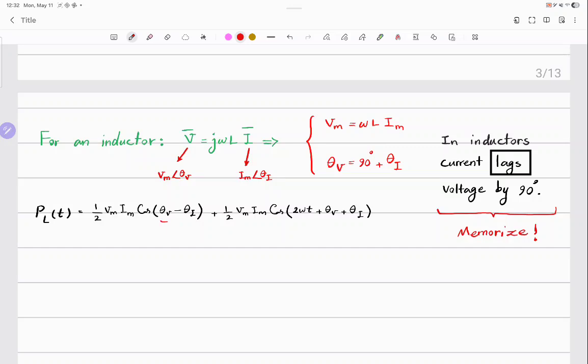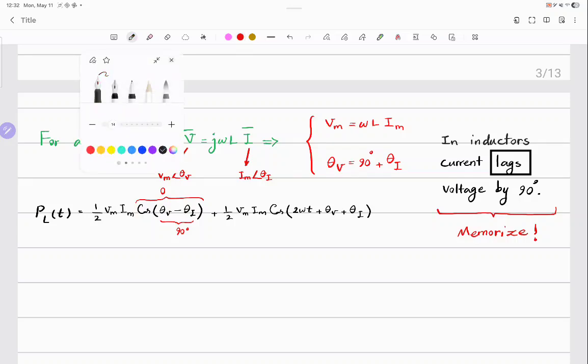So what is theta V minus theta I? So what is the cosine? 0. So this is what I'm going to do.